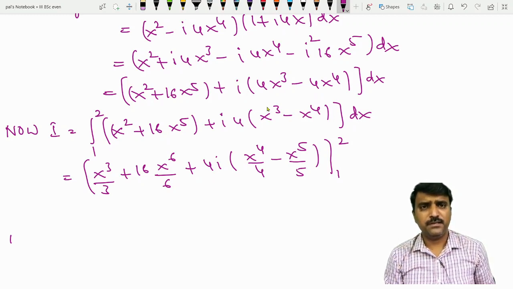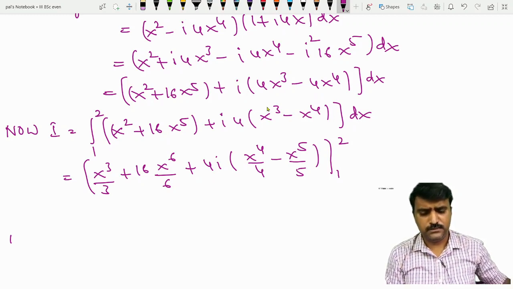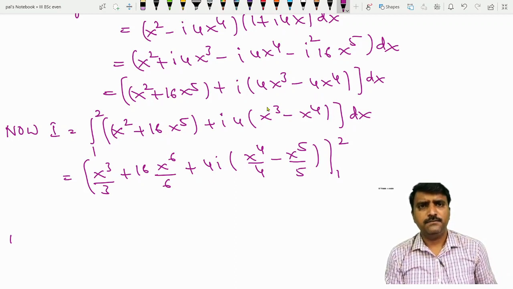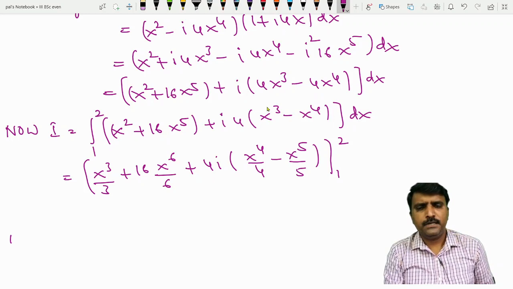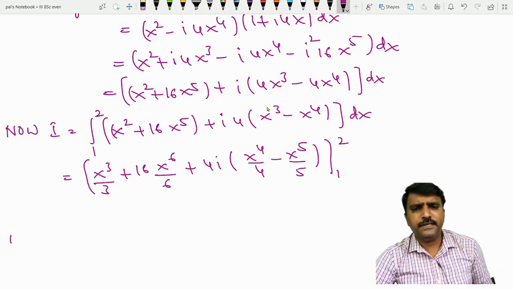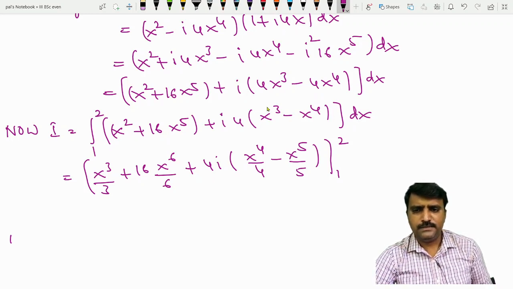Applying limits is left to your skill. But when you are applying the limit, first we apply the upper limit minus the lower limit. But in this case, better you apply them simultaneously, upper limit minus lower limit. I think this will be a little easier. 2 3s are 6, 2 8s.